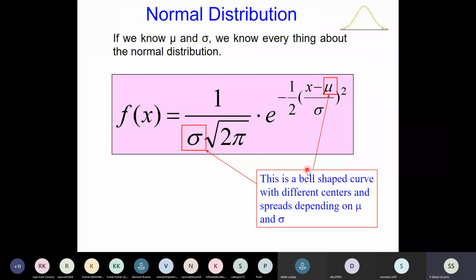Again, we talked about this earlier, how it looks. This is the normal distribution curve. It is a bell-shaped curve with different centers and spreads depending on mu and sigma.